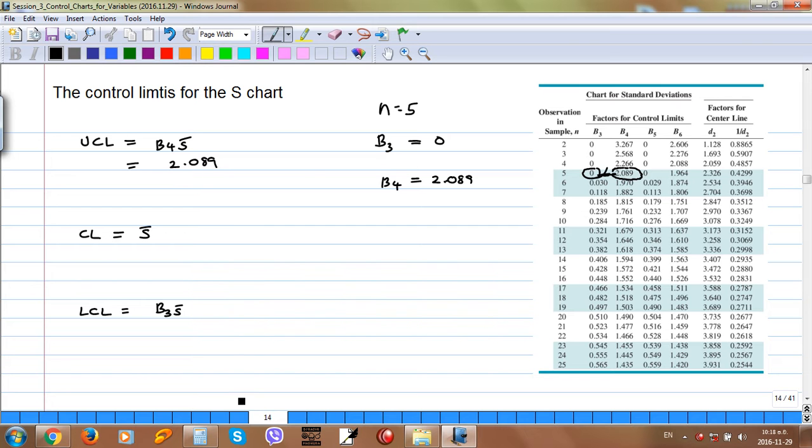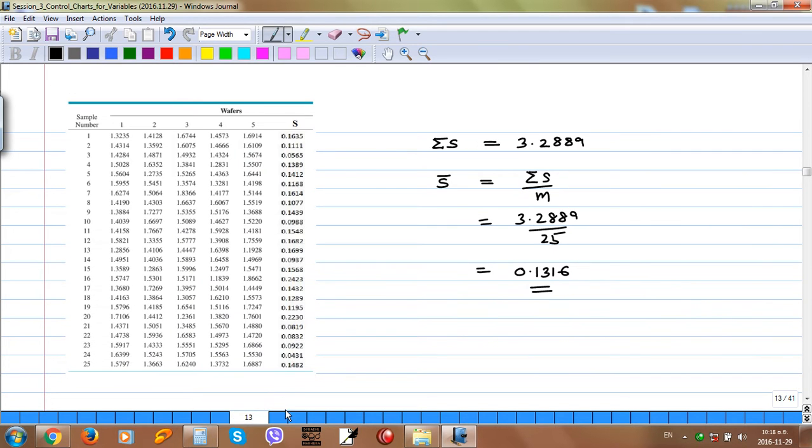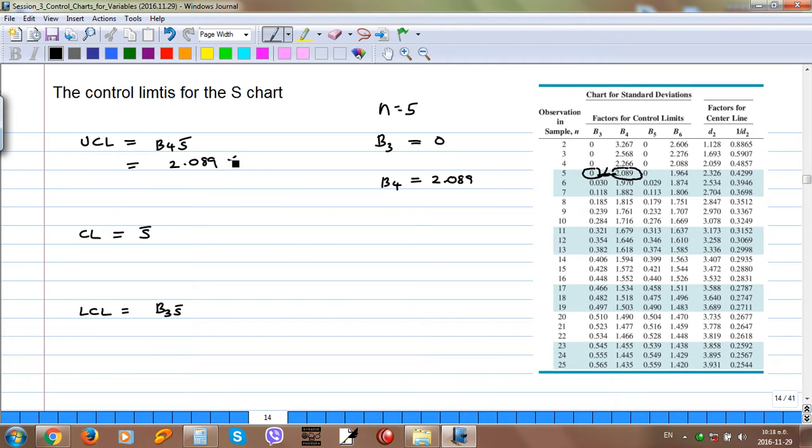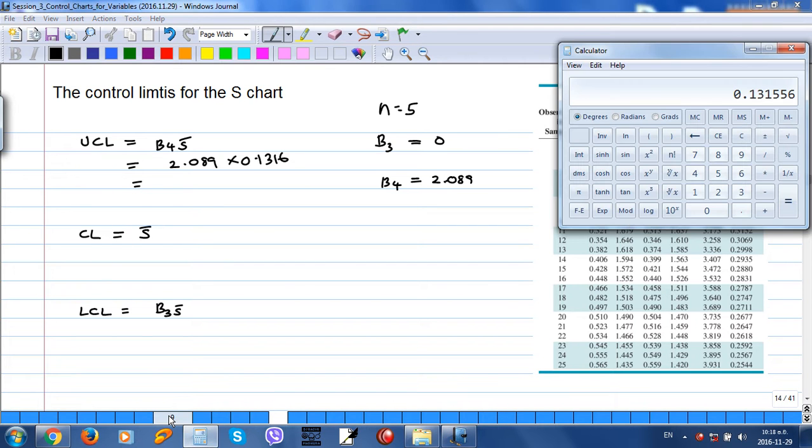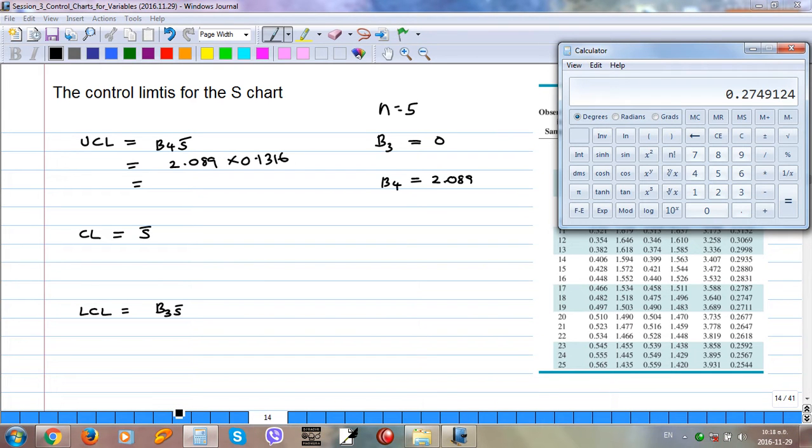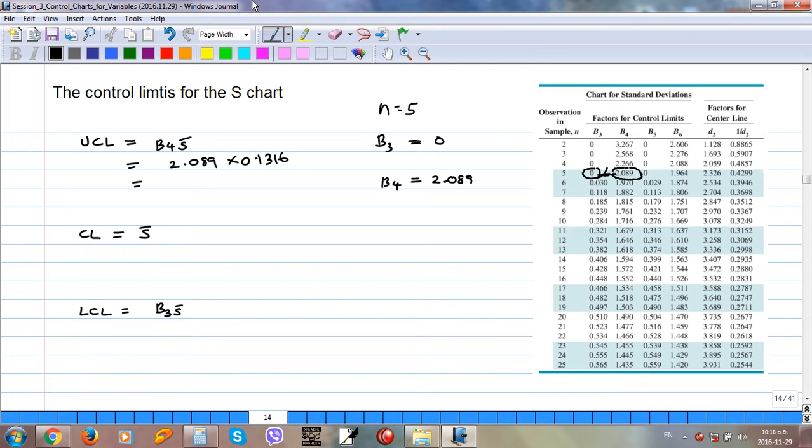So b4 is 2.089, and s bar we found is 0.1316. 2.089 multiplied by 0.1316, the answer comes as 0.2749.